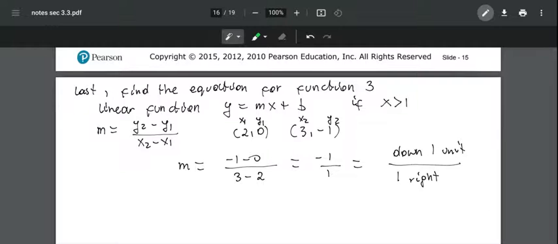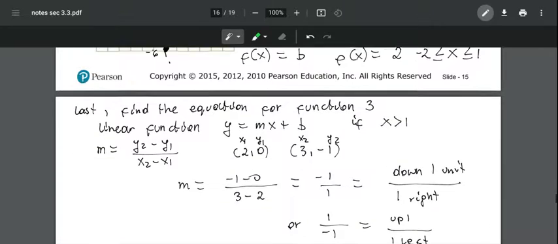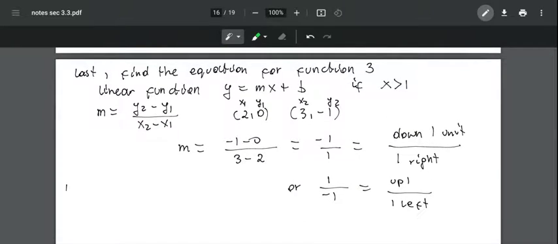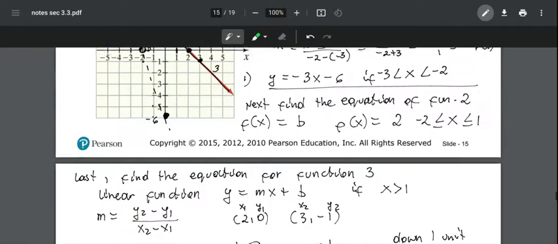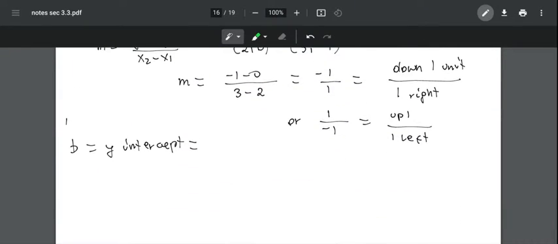Down 1 and 1 to the right, or you can put it as 1 over -1, which means up 1 and 1 left. So in this case, I will go up 1, 1 to the left, and that will be the y-intercept at point (0, 2). So b, the y-intercept, is equal to 2.